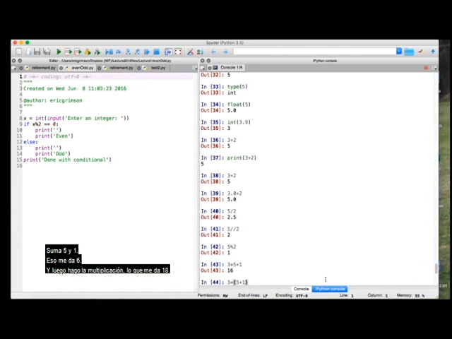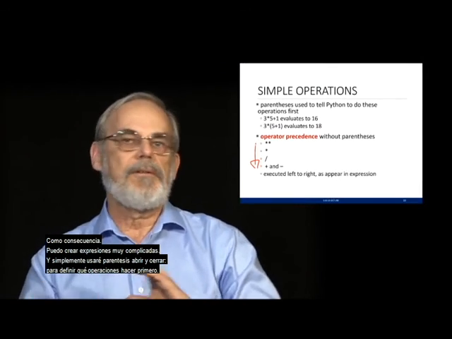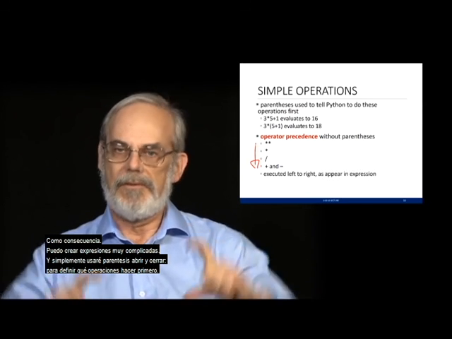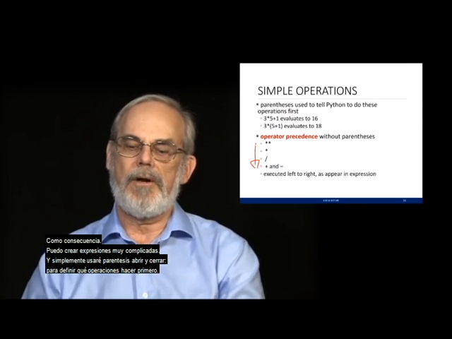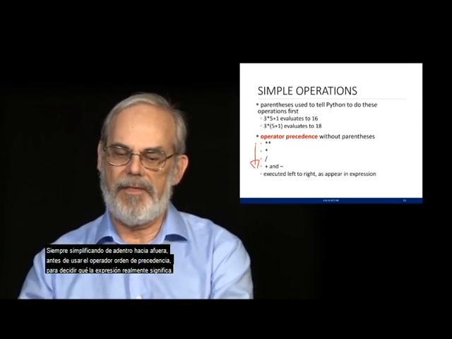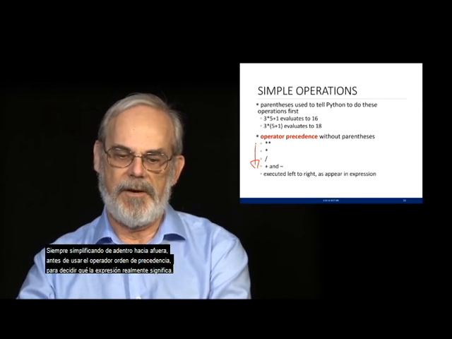Add 5 and 1, that gives me 6. And then do the multiplication, which gives me the 18. As a consequence, I can create very complicated expressions, and I will simply use parens, open and close, to define what operations to do first, always simplifying inside out before then using the operator precedence order in order to decide what the expression actually means.